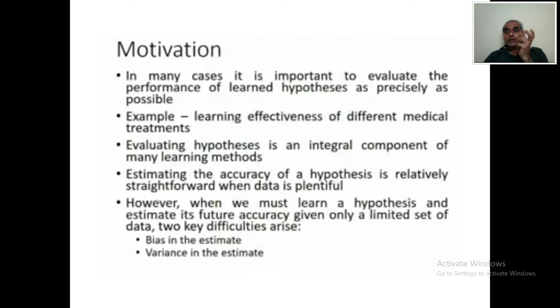Why is finding the accuracy of our hypothesis so important? In many cases it is important to evaluate the performance of the learned hypothesis as precisely as possible, because performance matters. If you say you have built a machine learning model and its performance is not good, it is of no use.